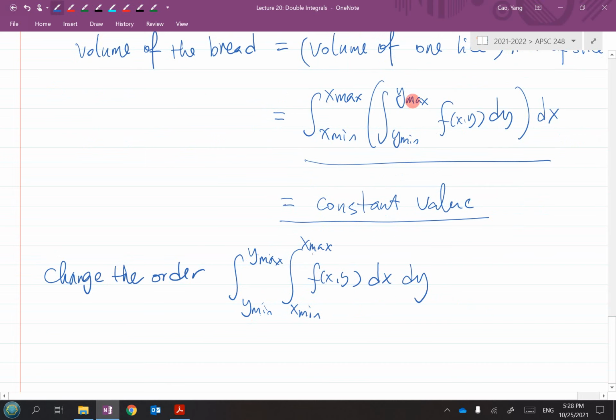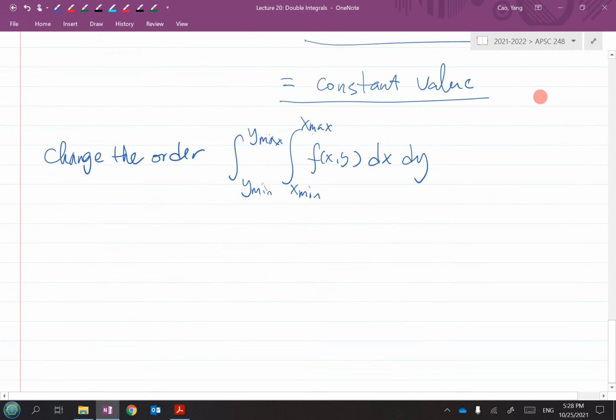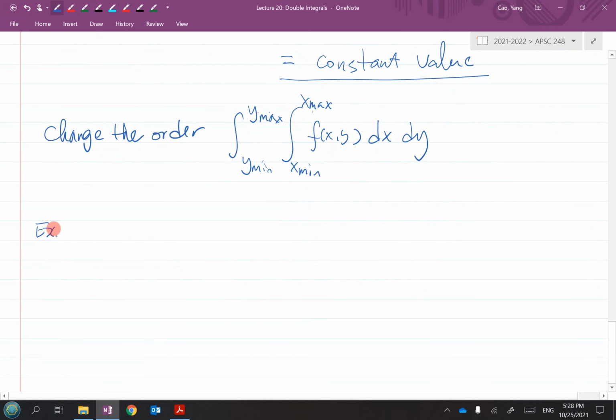For some cases, yes, but in general, they're not necessarily the same. So both ways are good. As a matter of fact, sometimes your order of integration will actually make your calculation easier. So sometimes order really matters.